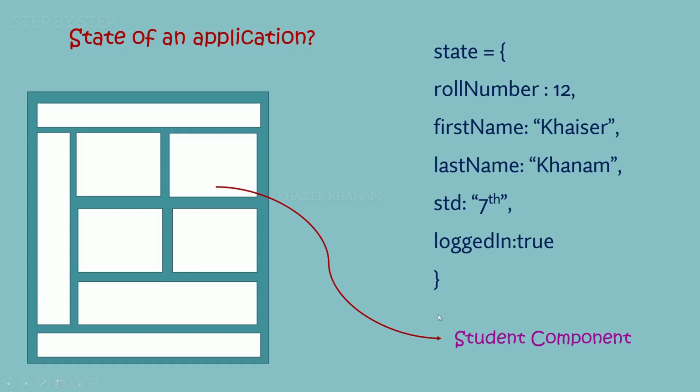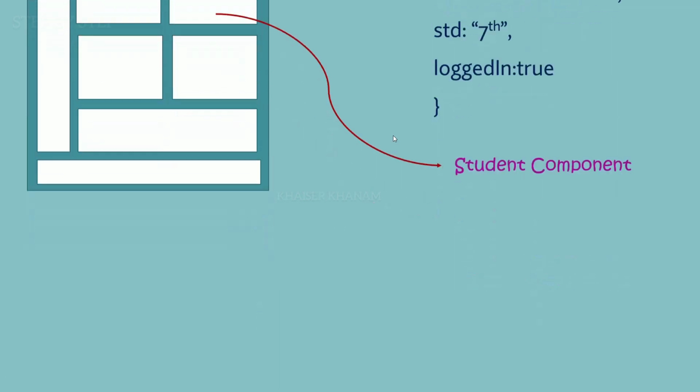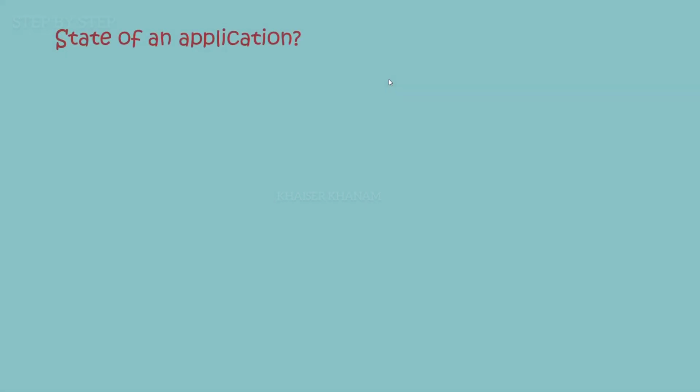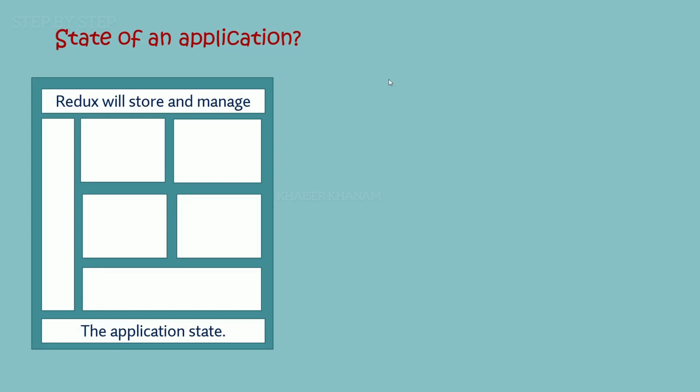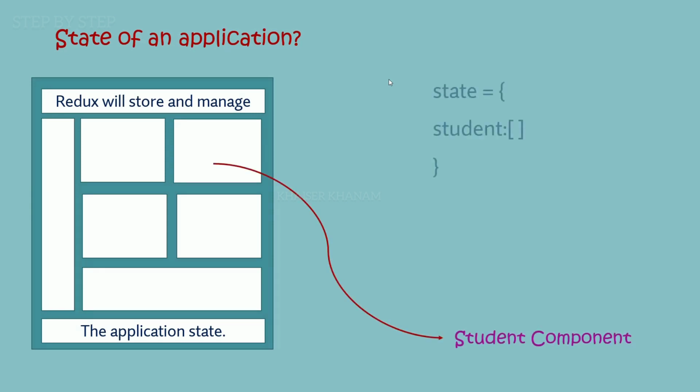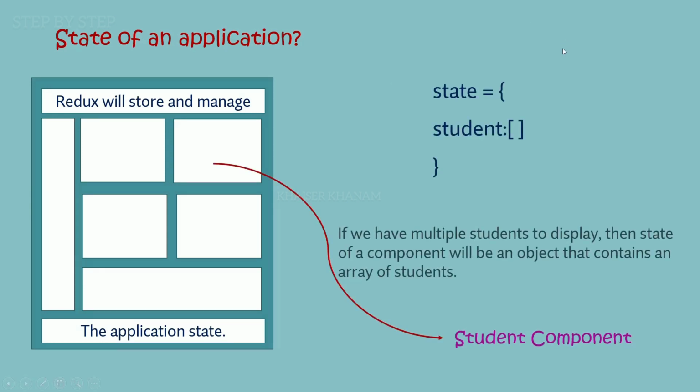Now inside this simple student component, this will be my state, and inside that we will have all this information: roll number, first name, last name, standard, and also logged in through. Now if I want to display multiple students, then my state will be an array of users.